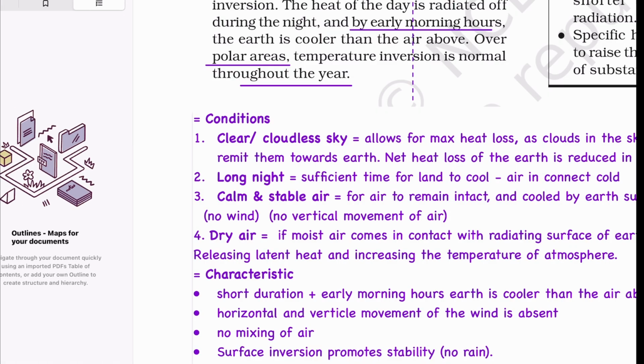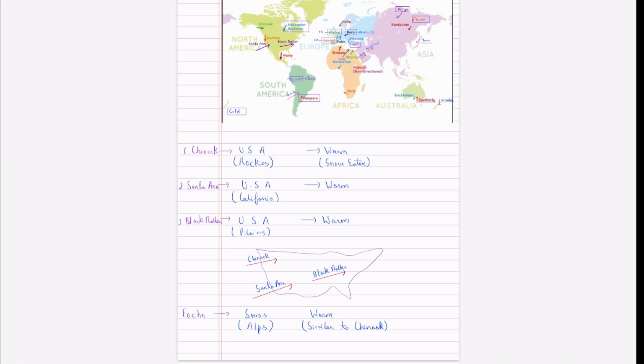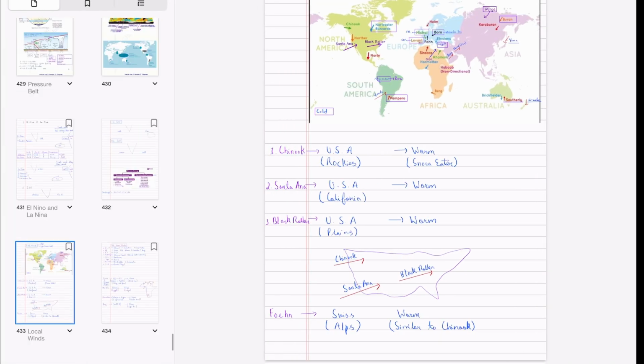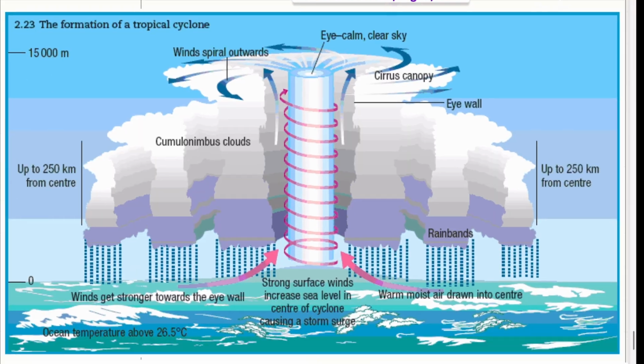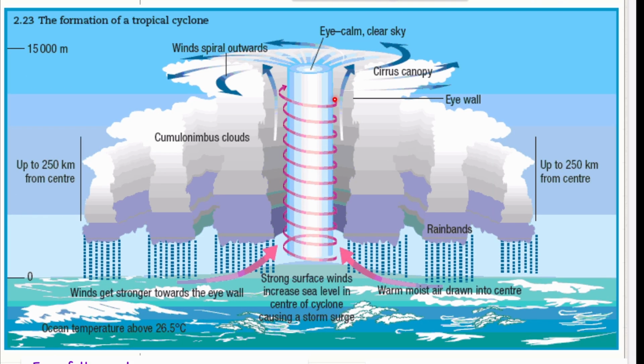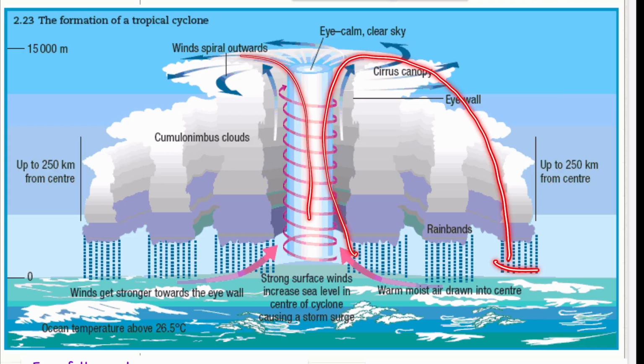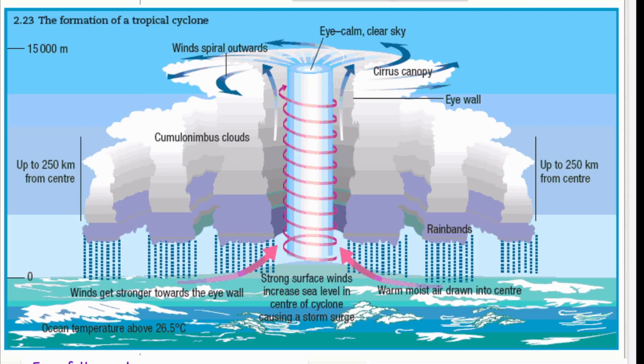If you remember cyclone, there is updraft and then downdraft, and then again coming in. So it goes up, then it will travel some distance, and then it will come down, and then again it will converge at low pressure. So that is the meaning of the line.